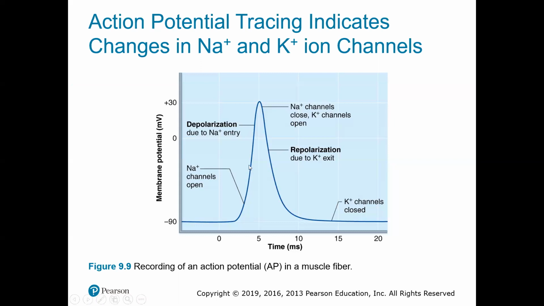And we'll see this depolarization event occurring, bringing our charge in the membrane up to plus 30 millivolts. But that shuts down the sodium channels and it opens up the potassium channels. And potassium now leaves the cell and reestablishes the positive charge on the outside. And that will continue until we get back down to minus 90, and then the potassium channels close.